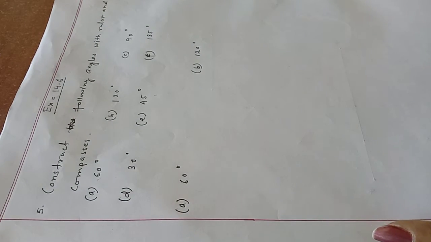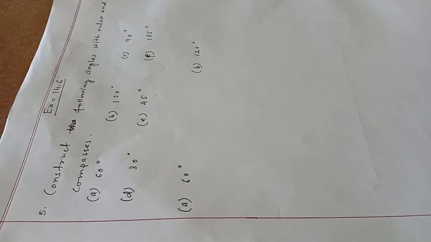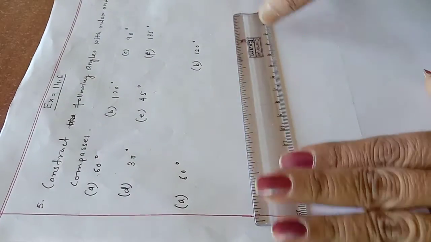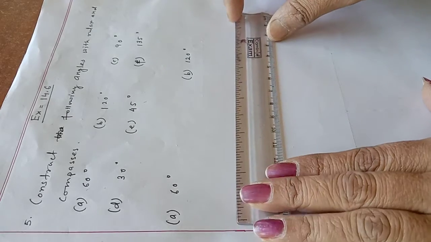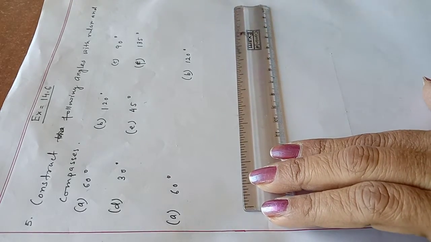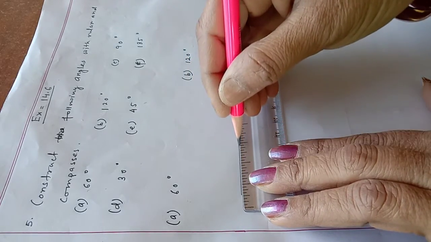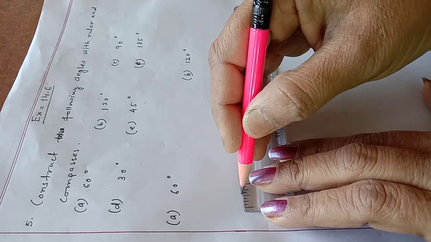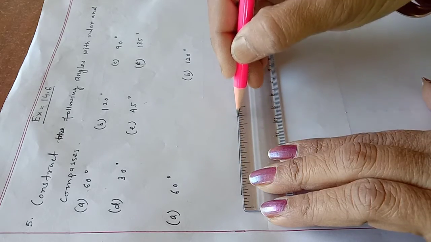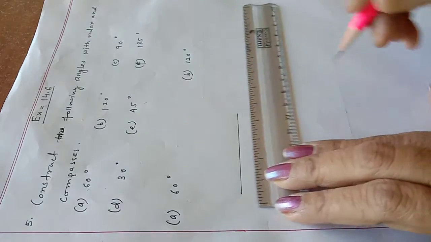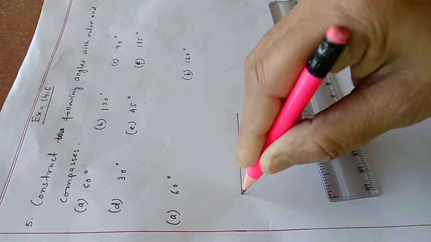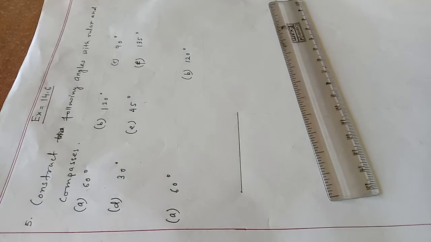Now how to draw? First you take one line, as you want to draw a 60 degree angle. So draw one line and put a dot where you want to make the vertex of the angle.